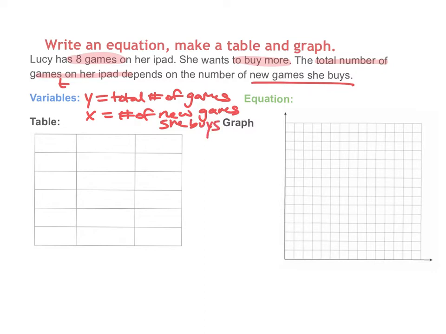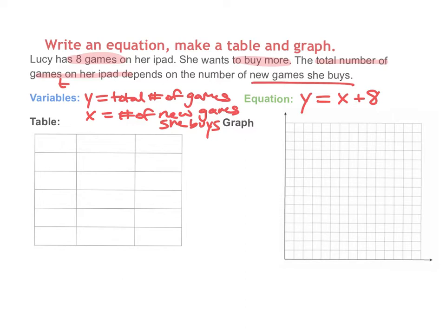Bear with my writing. I said it, so hopefully you can read it. So what would that look like then? How many games she has is, well, the number of games she buys plus the 8 she already has. So this is an additive relationship between what she has and what she buys and what she will have.